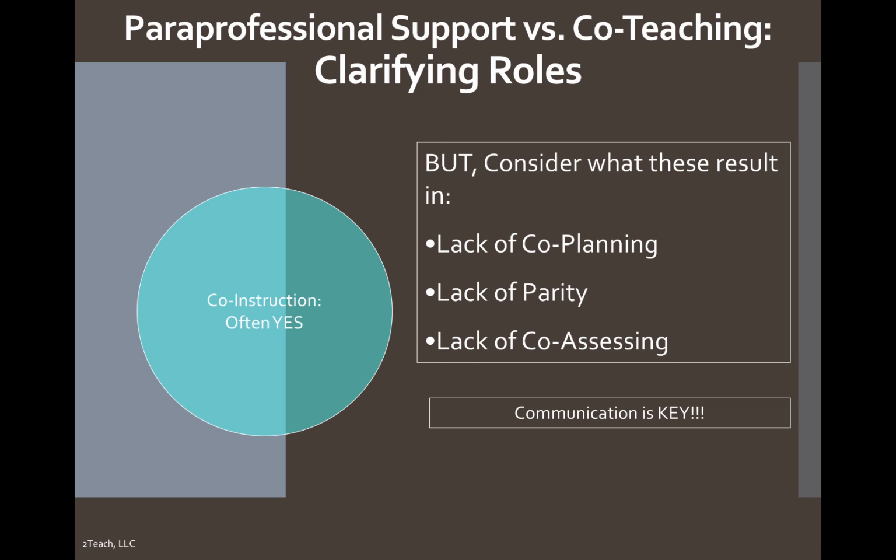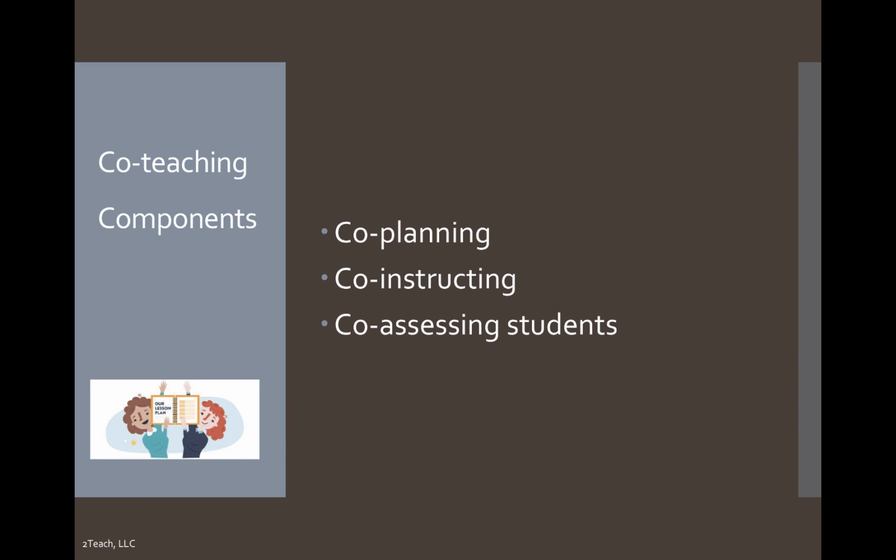And again, communication about the role is paramount to ensure that we are as effective as possible in supporting our students. At the end of the day, it is all about supporting our students. So again, co-instruction is what we're going to be focusing on for the second piece of our workshop today.